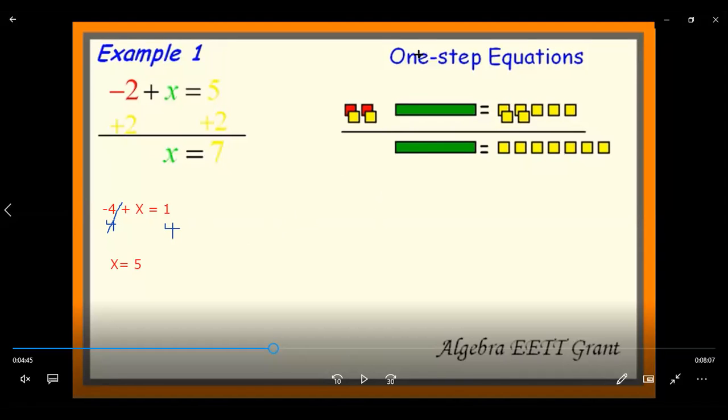Okay. So I have 1, 2, 3, and then 4, right? And 1 green rectangle. Okay. So we will say plus. We are looking for green.